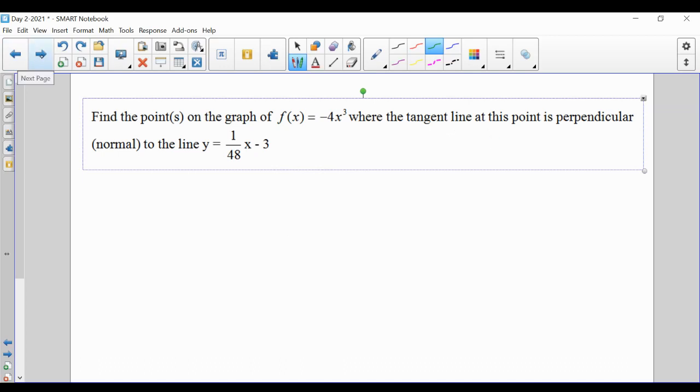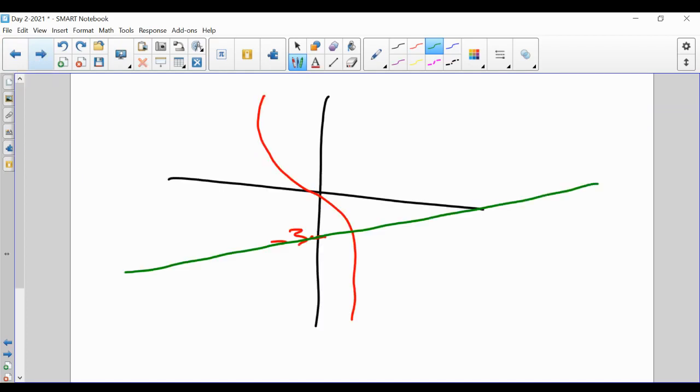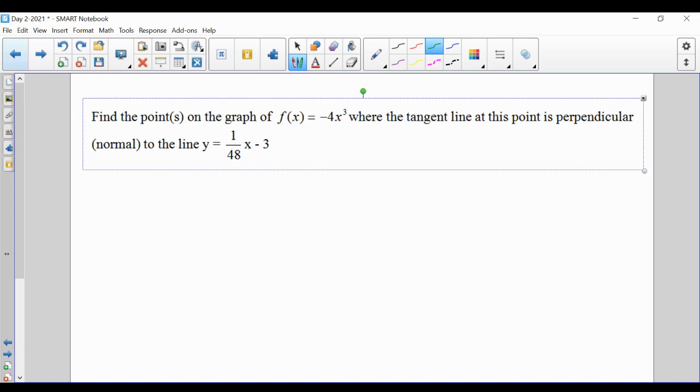The normal is a line that is going to be at right angles to this line right here. So let me go back and show you again. The point on the graph of the minus 4x cubed, where the tangent line at this point is perpendicular to the normal of the other line.